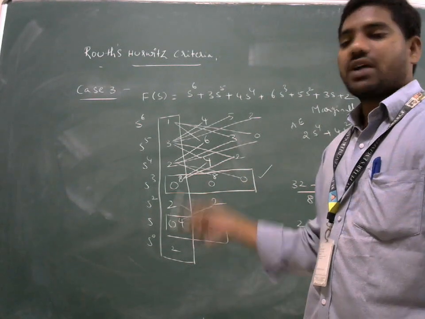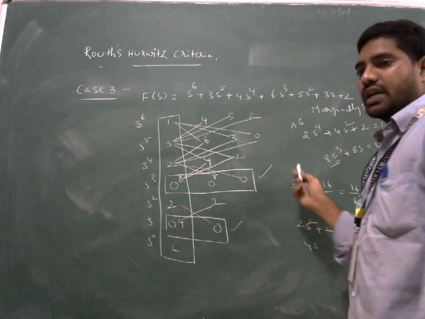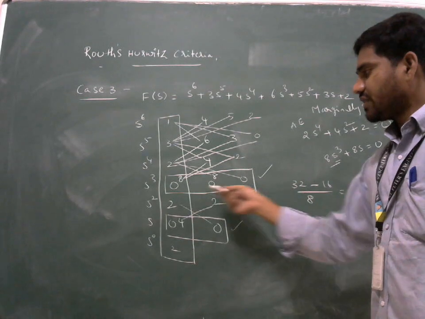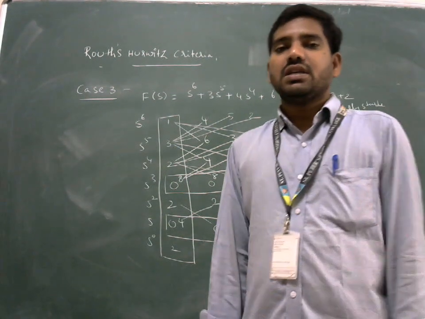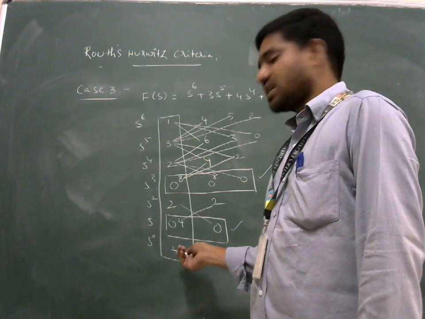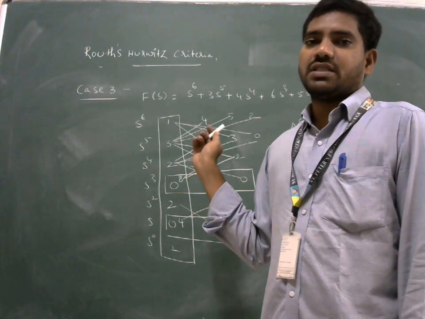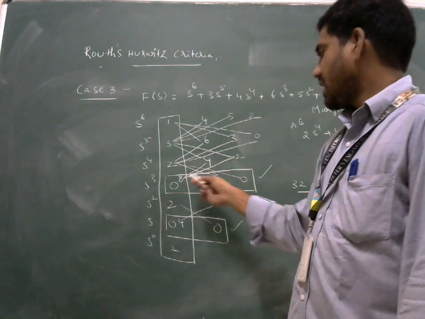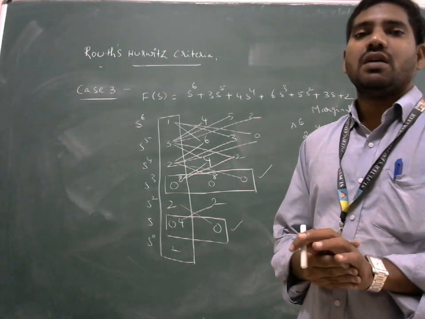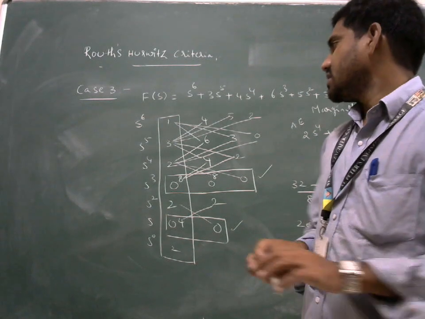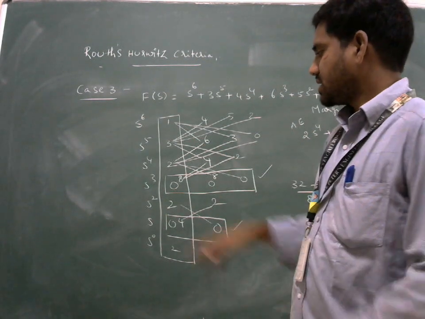Then definitely we are going to write an auxiliary equation. After that, I redo all the things. If after doing all the things there are no sign changes in the first column, then the system is marginally stable. Whenever you have an auxiliary equation, the system may be either marginally stable or unstable.